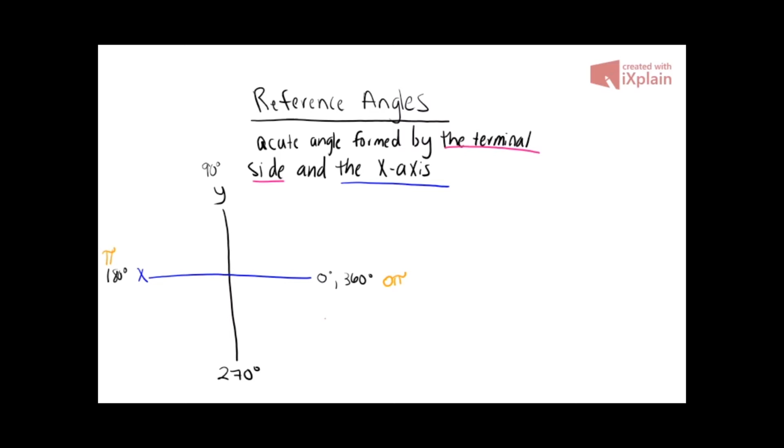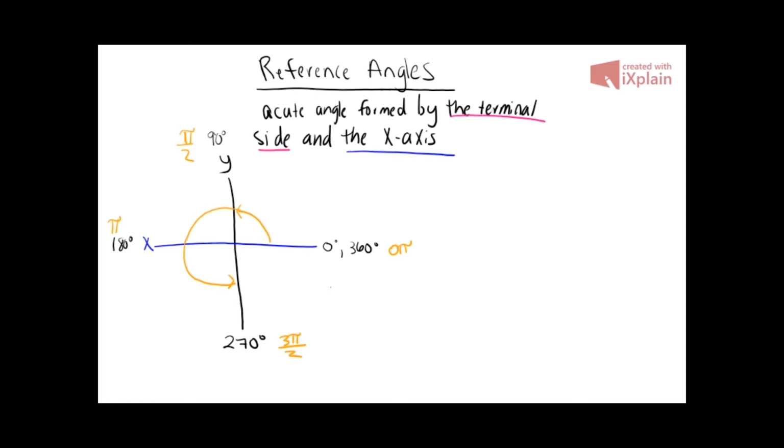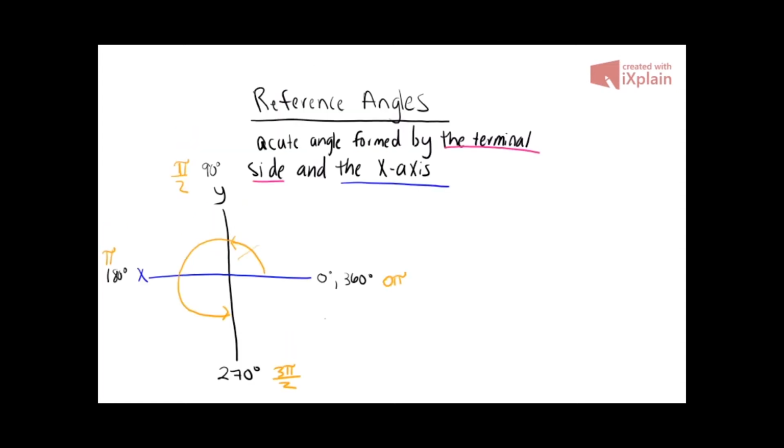So that means if we're at 90 degrees, we are halfway between 180 and 0, or in this case, pi and 0. So this would be half of pi, or pi over 2. If we continue all the way around, we're adding another half pi. So this is going to be 3 pi over 2. So we want to keep that in mind as we're finding our reference angles for radians.